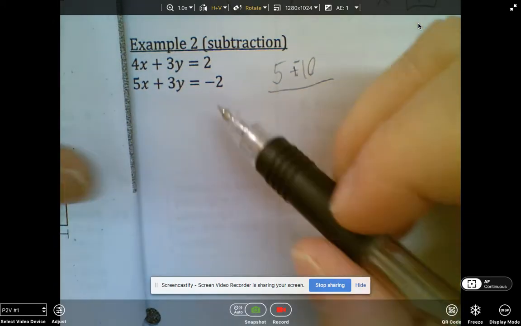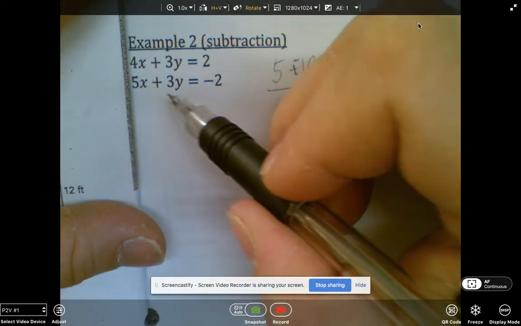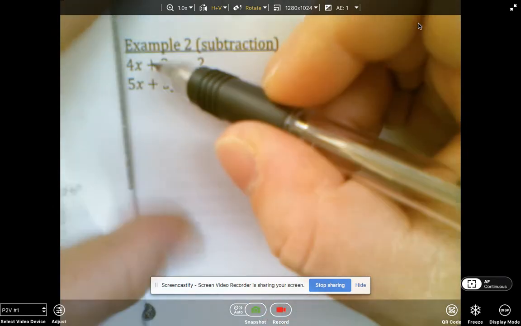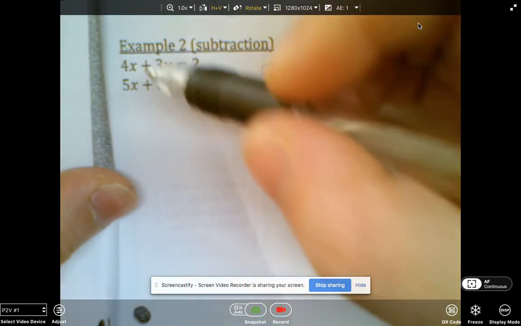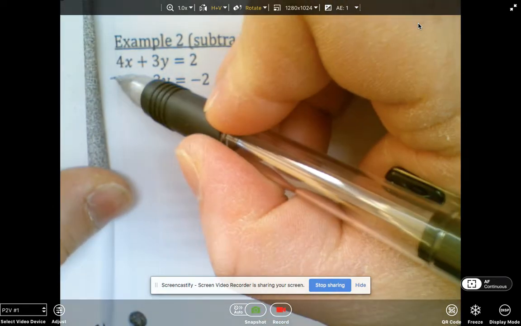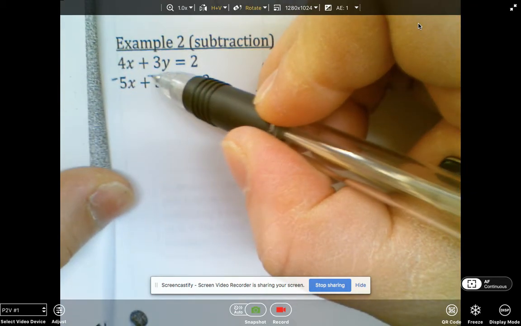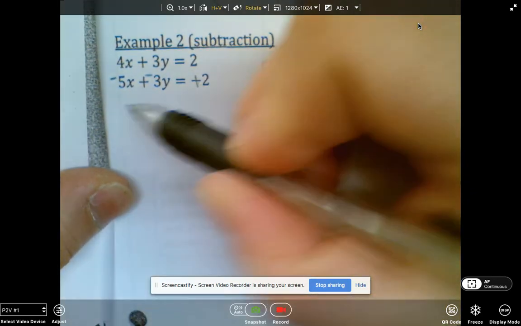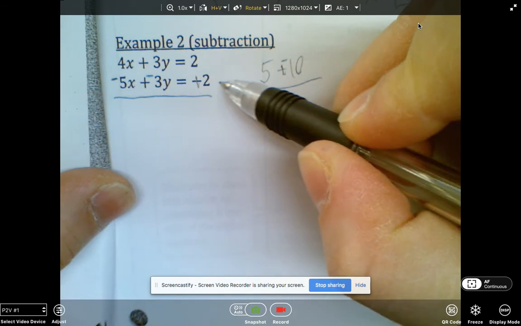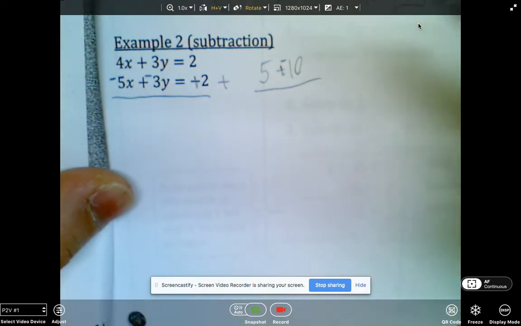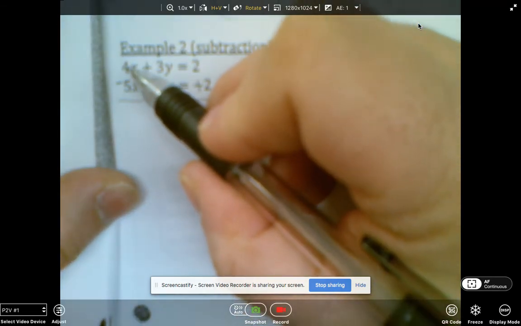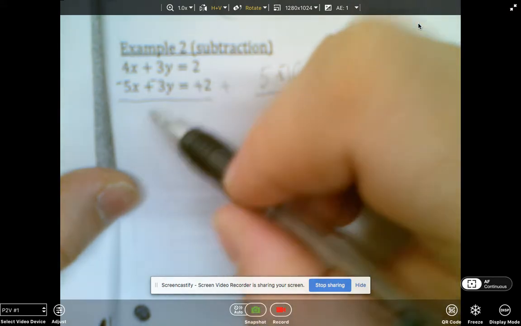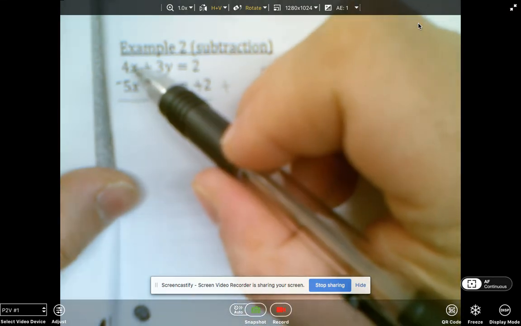Well, that's kind of what you have to do with these. So you can make this negative, and this positive. So change all the signs and then really just add them. So you could subtract that way, or you could just subtract traditionally, but this just makes it easier.